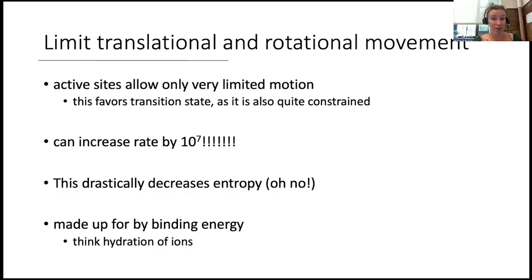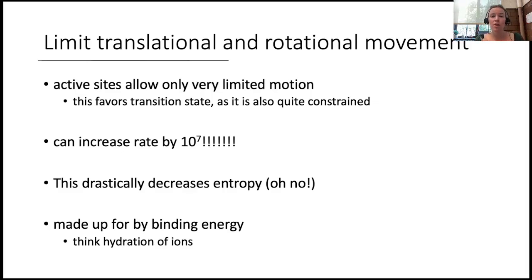Most importantly, though, these substrates are being bound within the active site. We have the catalytic site, but we also have the binding site. The binding site is critical for limiting translational and rotational movement. What do I mean by this? We mean that the substrate is not moving back and forth, bouncing around, and it's also not rolling around.